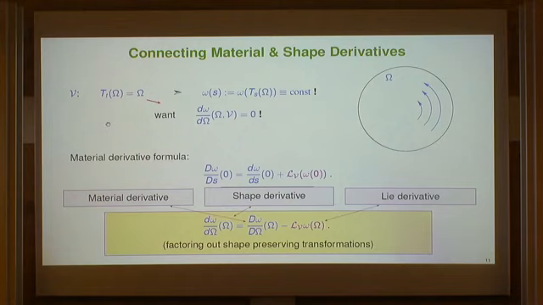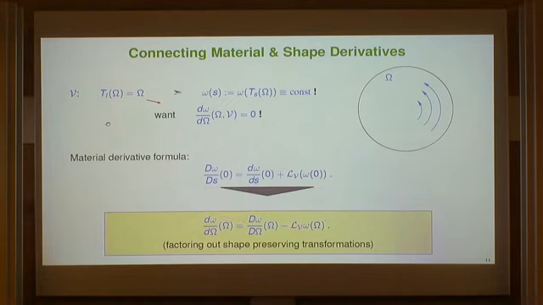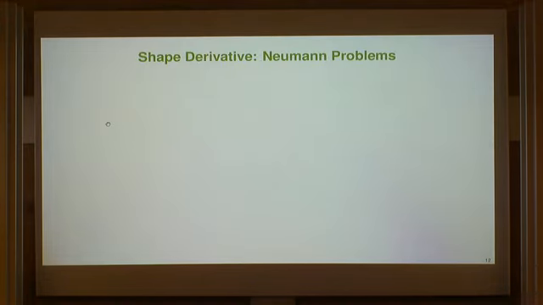But now let's compute this shape derivative, this thing, for solutions of these second order boundary value problems. Neumann problem first. By Neumann problem I mean this boundary value problem written in its general form.